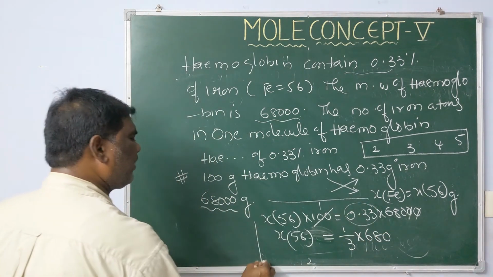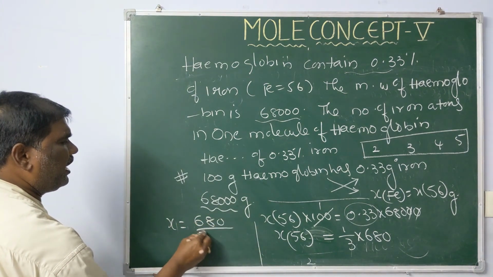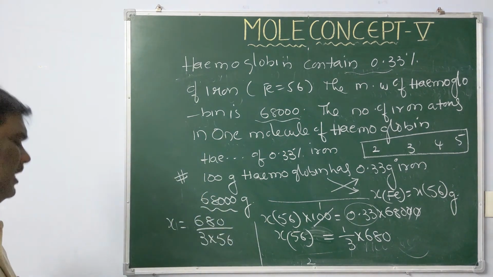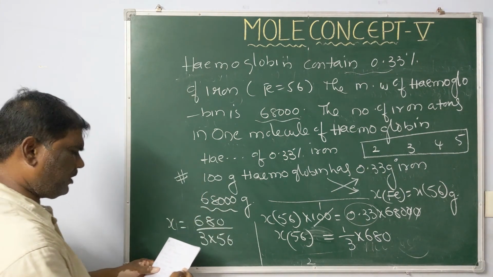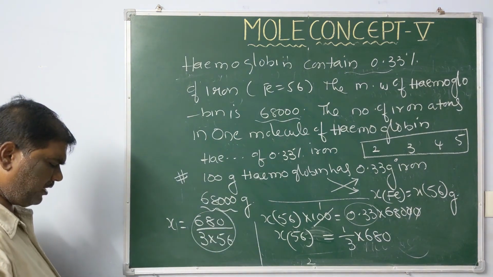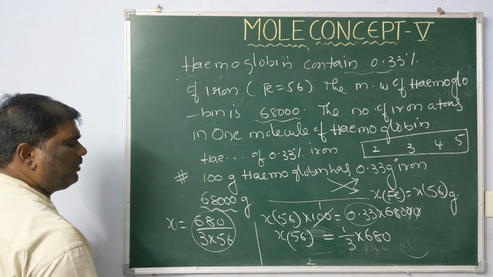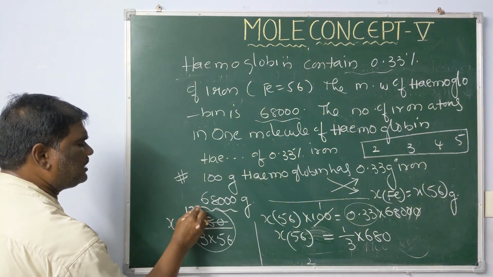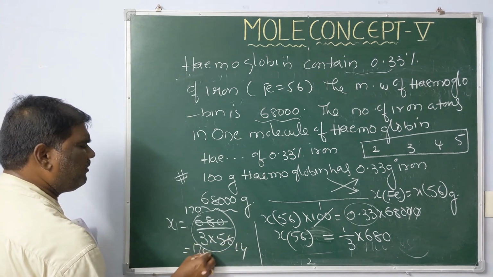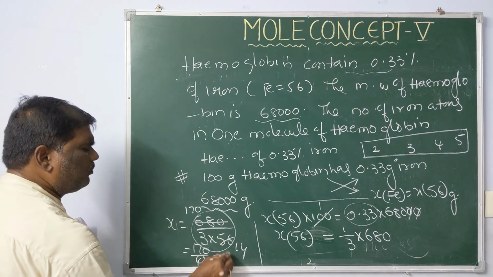On further simplification, X is equal to 680 by 3 into 56. Now here 4 170s are 680, and 4 14s are 56. So nearly 170 by 42, which is nearly equal to 4.